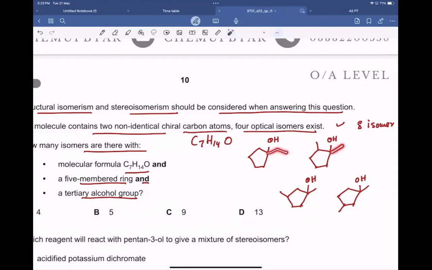Carbons over here: 1, 2, 1, 3, 1, with a 5-membered ring.